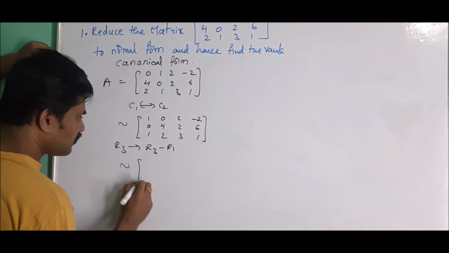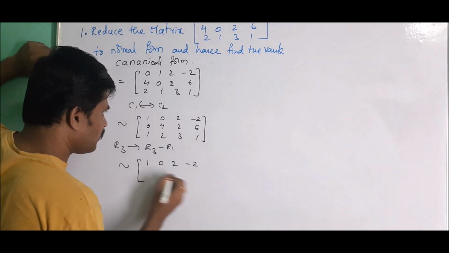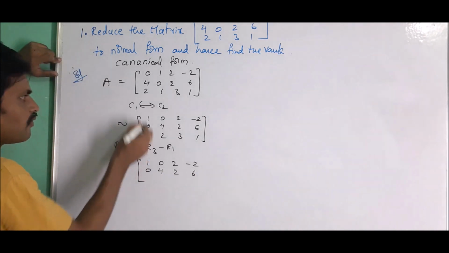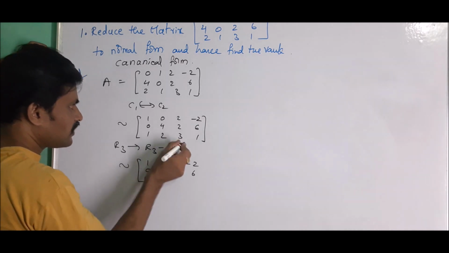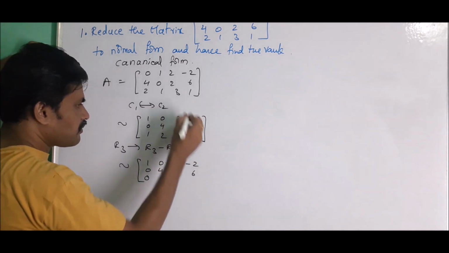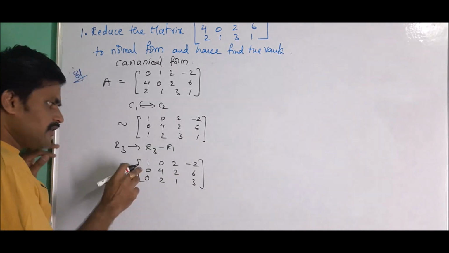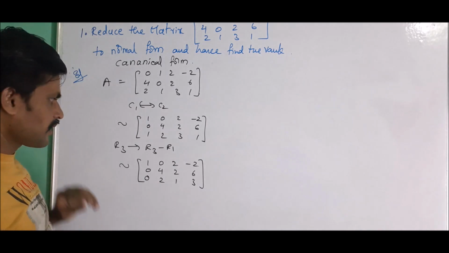Now the resultant matrix: the first row does not change, the second row also does not change, the third row is 1 minus 1 = 0, 2 minus 0 = 2, 3 minus 2 = 1, 1 minus (minus 2) ... 3. So in the second and third rows the first two elements are zeros.